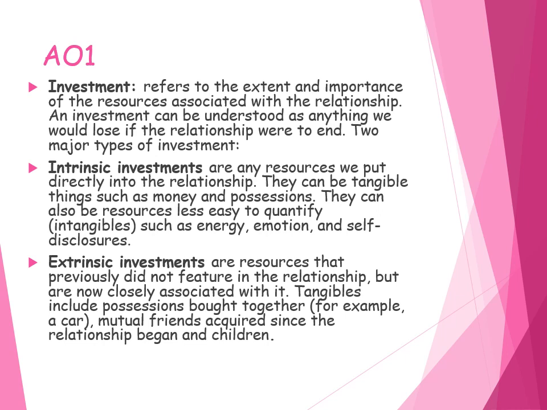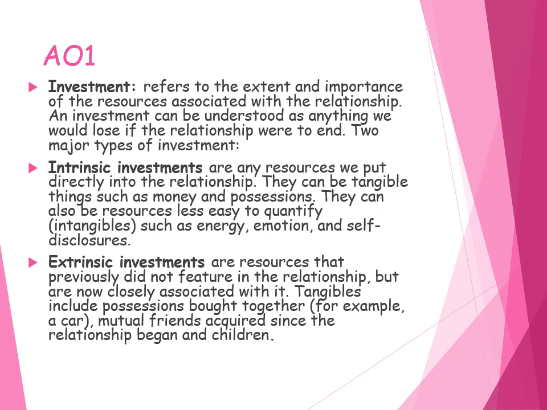Moving on to investment then, so that's the resources that are associated with the relationship, and the importance of those resources, so anything that you might lose if the relationship were to end. Now, there's two different types, intrinsic and extrinsic. So intrinsic are resources that you put directly into the relationship. Now, they can be both tangible and intangible.